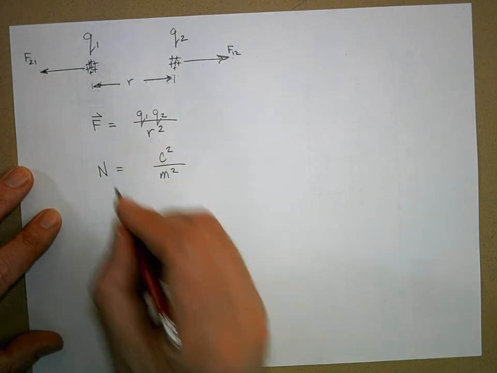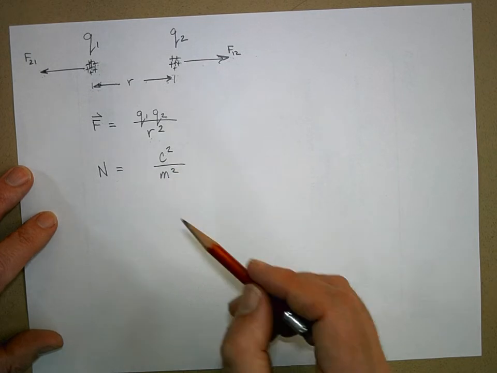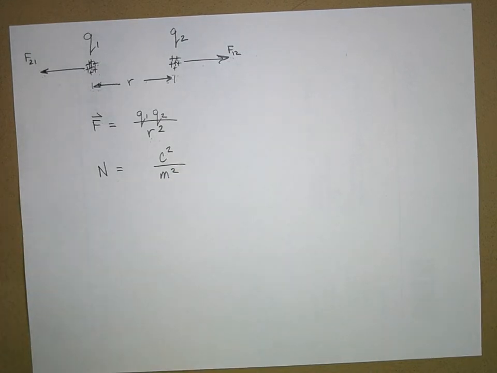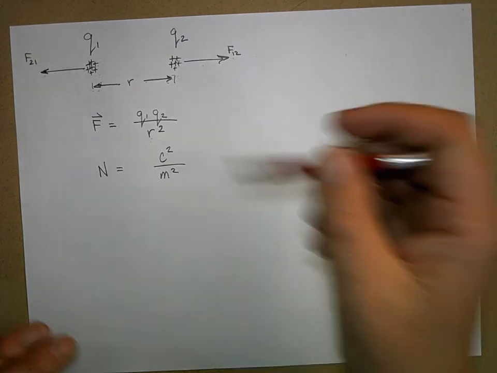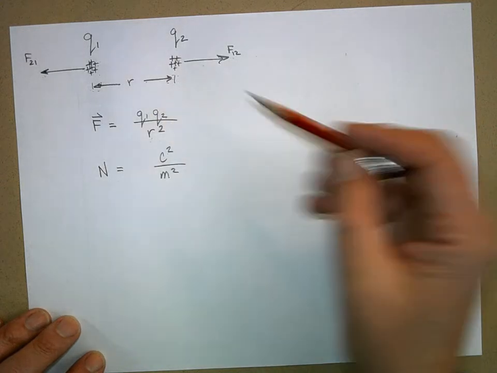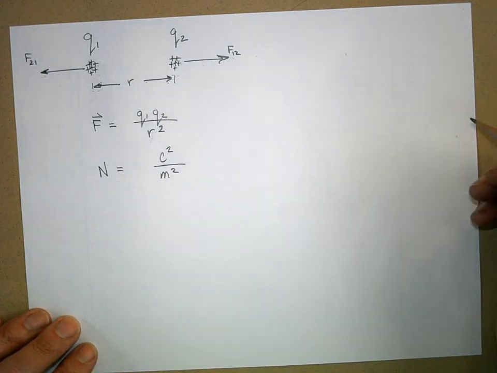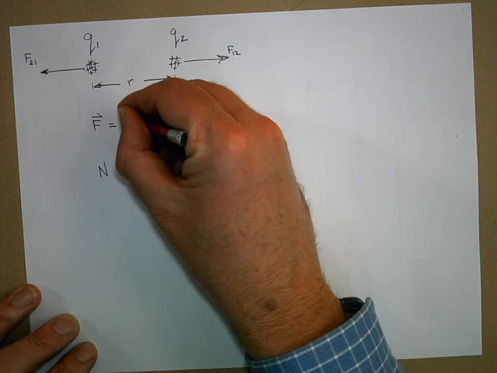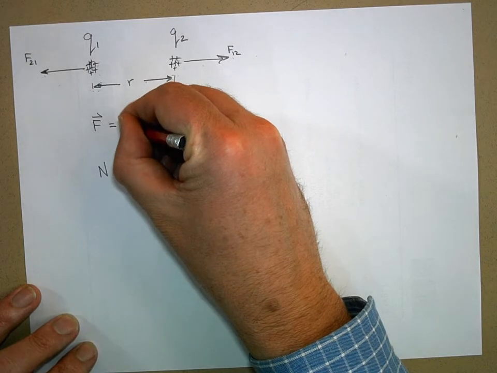Now does a newton equal a coulomb squared per meter squared? No. There is a constant of nature that I need to solve for here to make the units work, and to tell us how strong the force is actually going to be if I use coulombs and meters. We need a constant of nature to make it all work out.